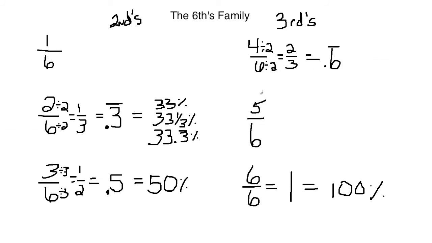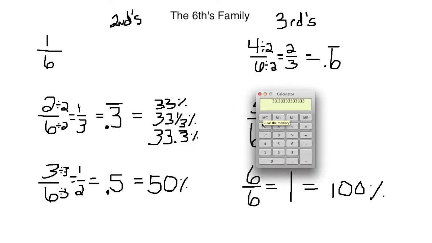Going back up to here, same thing. If we did 2 divided by 3, we get 0.6 repeating. Now don't forget, calculators make this 7 just because it cannot go on forever. So they round whatever place value that is. So if you multiply this by 100 or move 2 butt cheeks to the right, you're going to get 66 decimal 666666666.